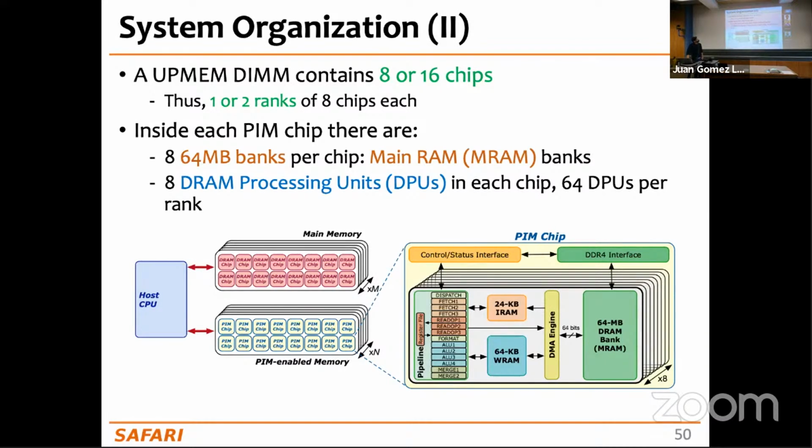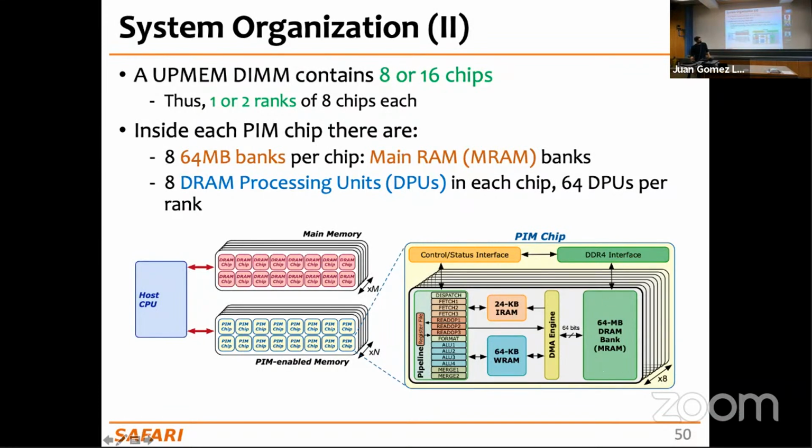And then attached to each of the banks, we have one DRAM processing unit, or DPU. So in total, there are 64 DPUs per rank because there are 8 DPUs per chip and 8 chips per rank. We are going to talk about the internals of the PIM chip later, but you can already see here the MRAM bank.